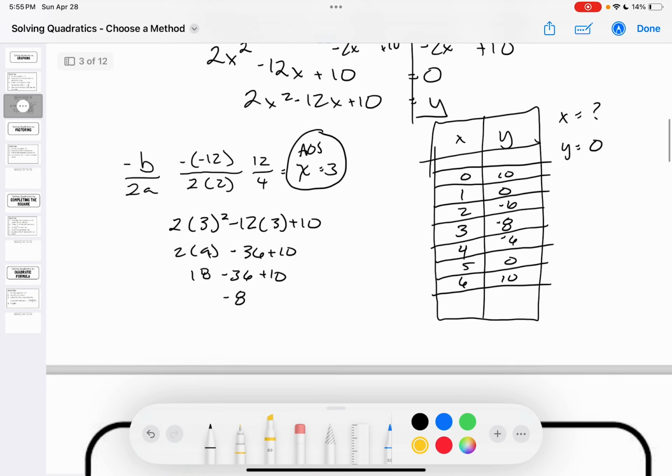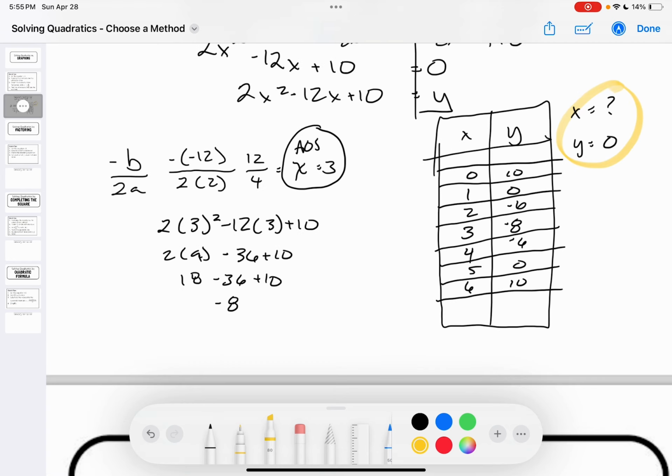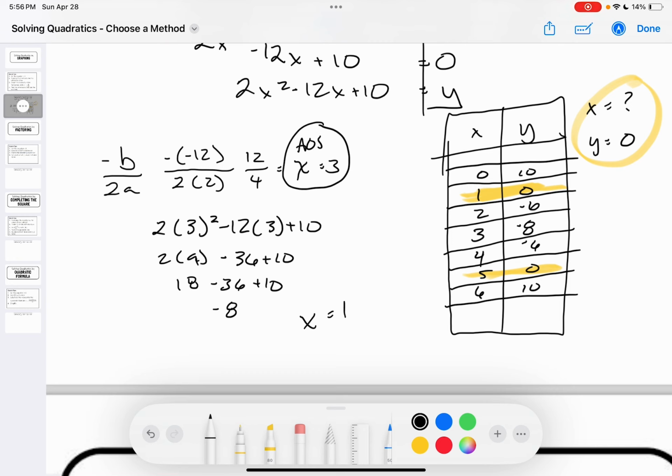Again, what we're looking for is x when y is 0. So there's the two values of interest to me. That would give us solutions at x equals 1 and x equals 5.